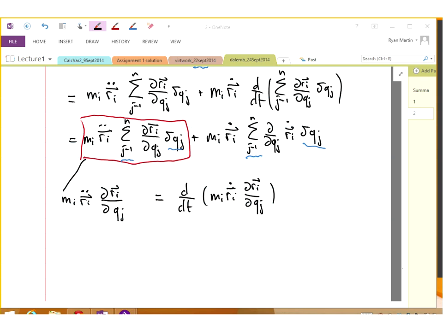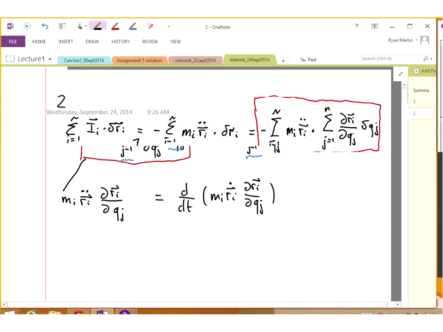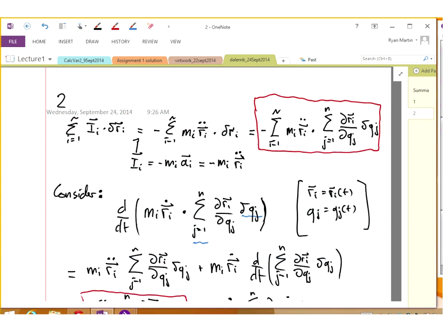Okay, so let's remind ourselves of what we were doing here. We were modifying this sum over the forces of inertia. We got this red term at the top here when we converted it to delta qj's, but we're left with this ri double dot, which we need to get rid of.